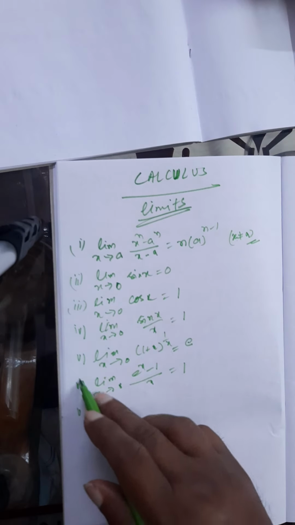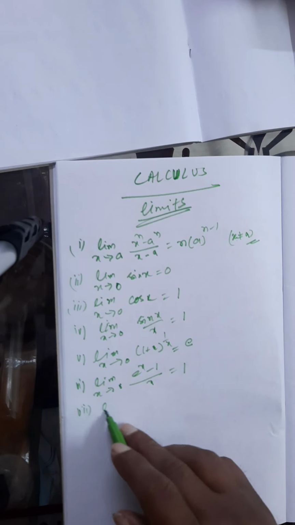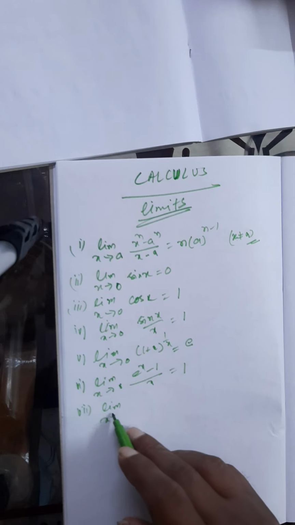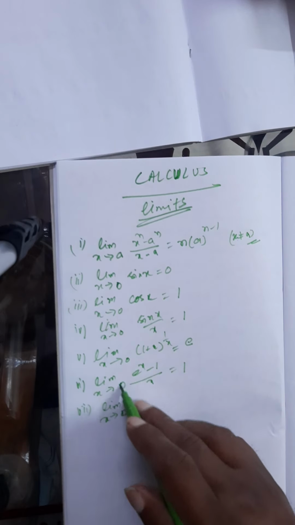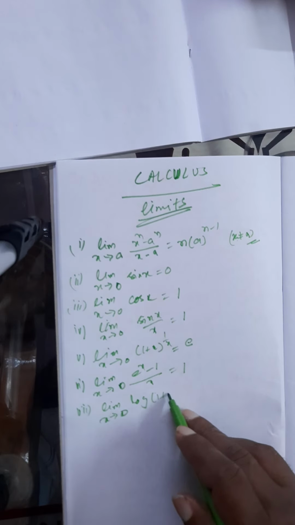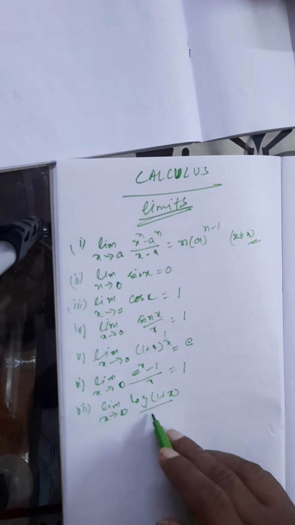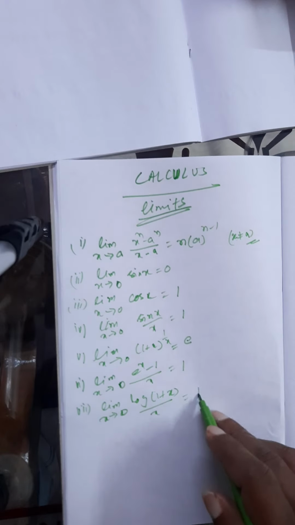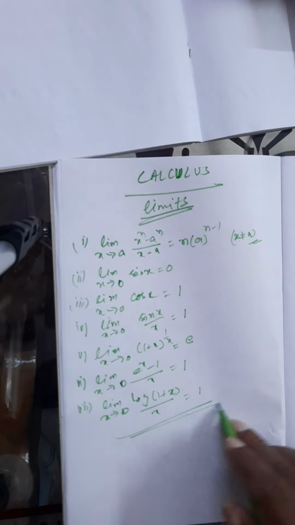Four, 5, 6, this is the seventh one. Limit x tends to 0, log(1 plus x) divided by x is always 1. So, these are the special formulae.